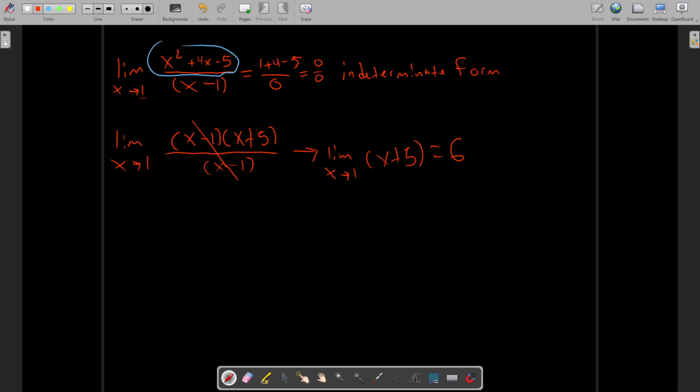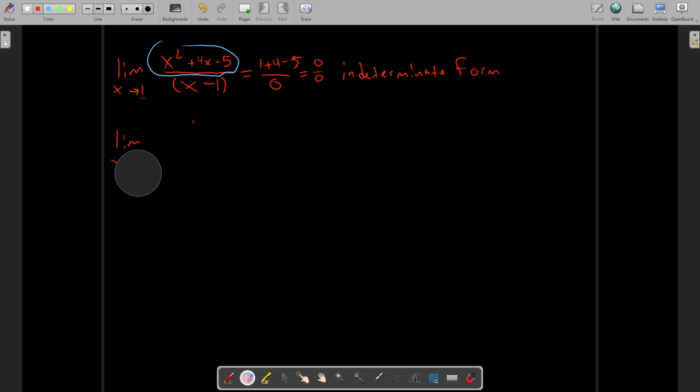So that's a good way to do this. If you see a factor of the numerator in the denominator or vice versa, that's a good way to do it. Factor whichever expression you can and then cross out the common factors. So that's a good way to do that.